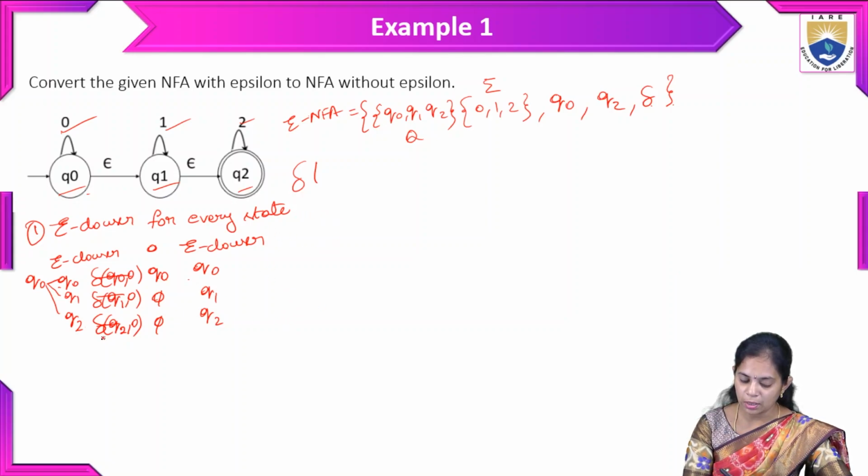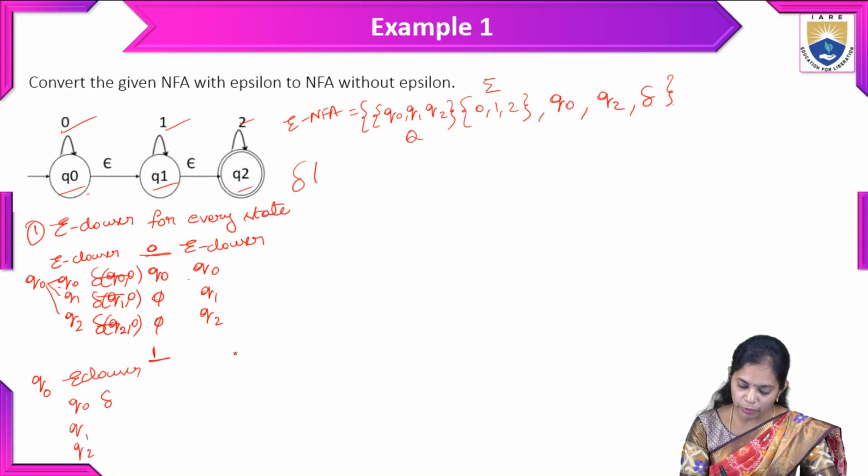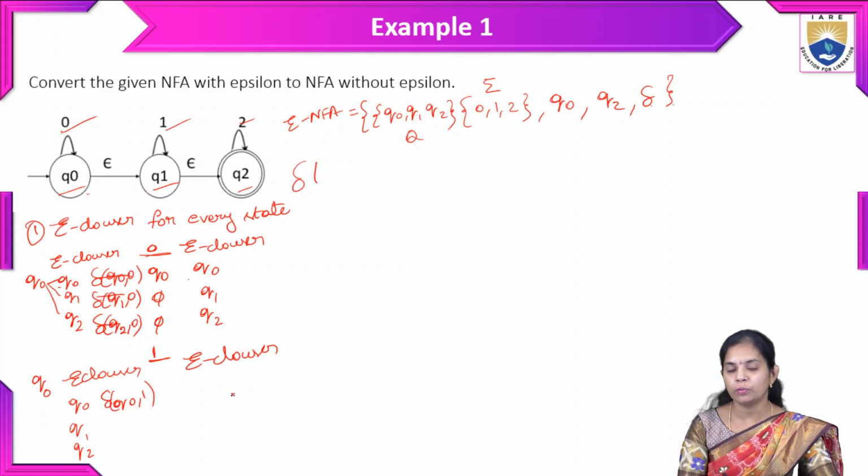Next we find the epsilon closure of Q naught for the 1 input, over Q naught, Q1 and Q2. So for input 1 we have to find the epsilon closure. Transition of Q naught comma 1: for one input we need to find the transition.